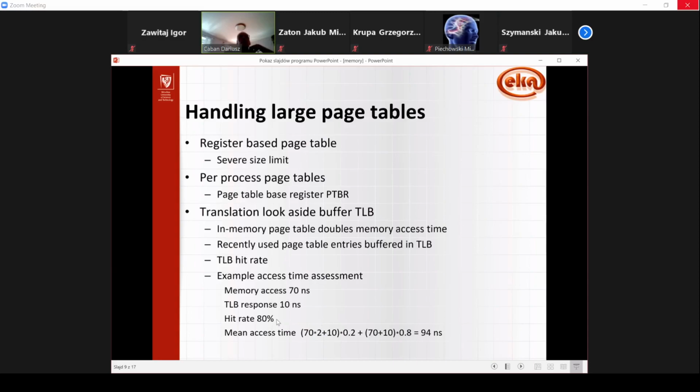But if you have the page outside the TLB, then you need to copy it from memory to cache and then do it. So it's very important how good the translation lookaside buffer is, and that depends really on the amount of memory in cache.